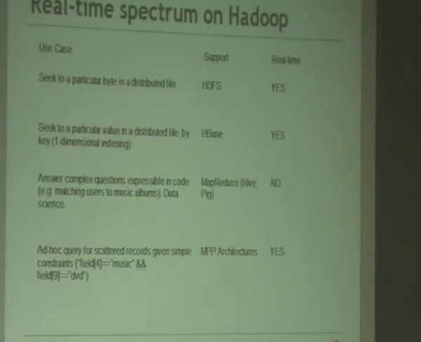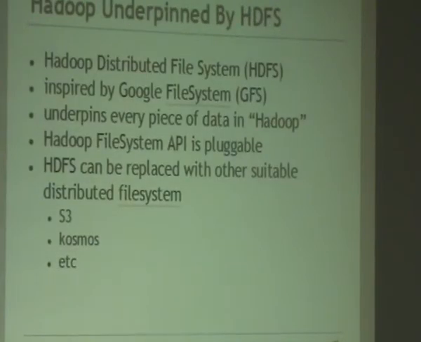So if we go to slide 18, I think I already said everything to say on this slide, except maybe that HDFS is trying to emulate Google file system, and that Hadoop file system is different than HDFS.